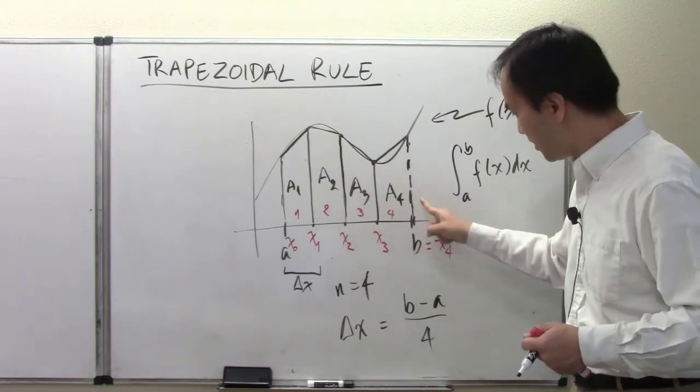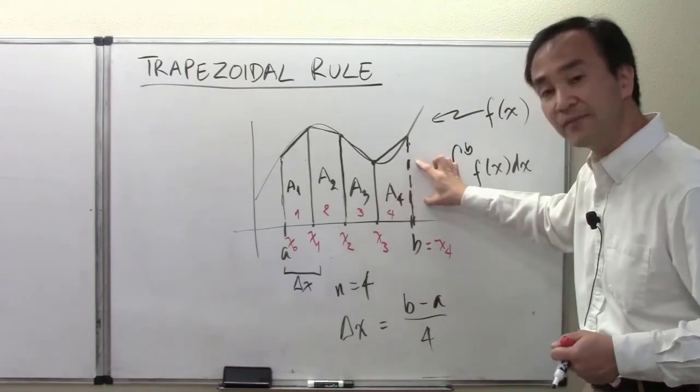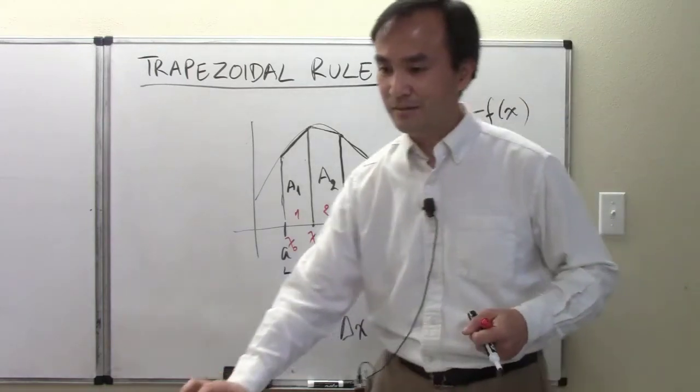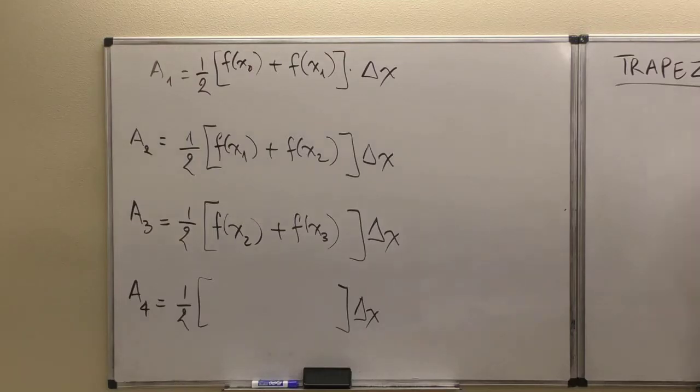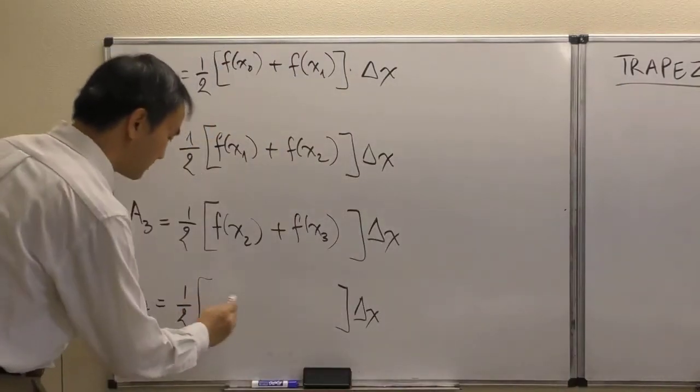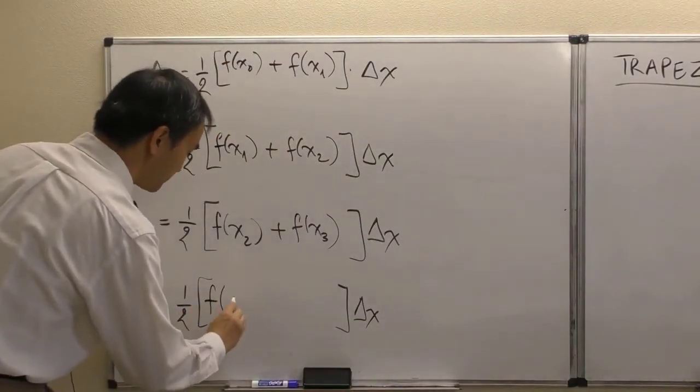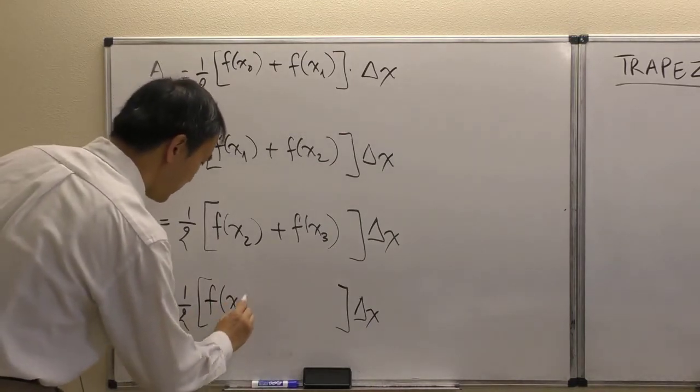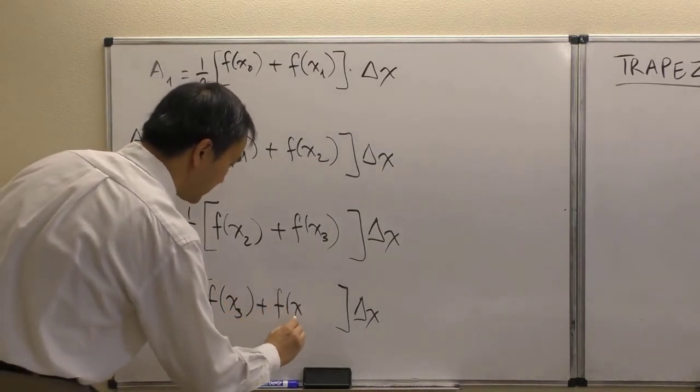So base 1 plus base 2, so f of x3 plus f of x4. Okay, so now in our part, f of x3 plus f of x4.